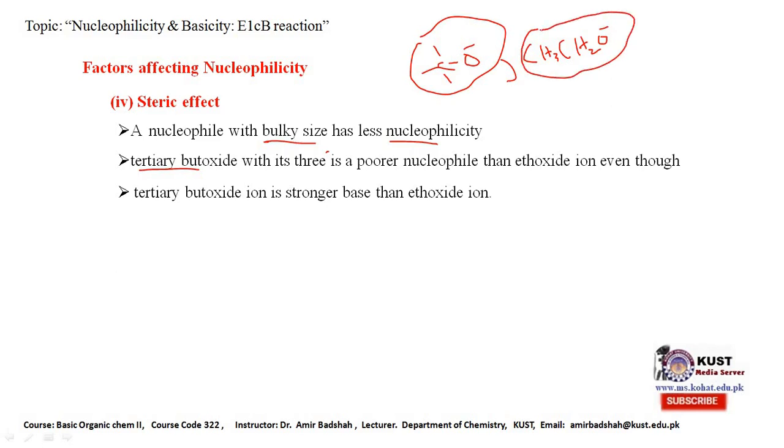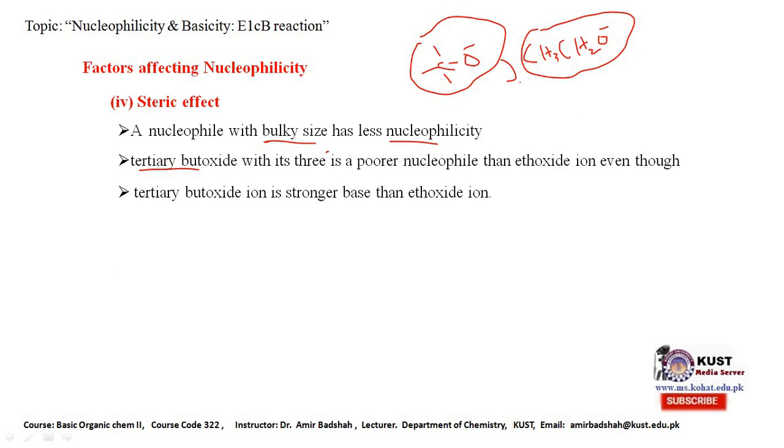So according to our previous knowledge, this species should be more nucleophilic than that one, because the size of this species is big, but still the ethyl oxide is more nucleophilic than tertiary butoxide.